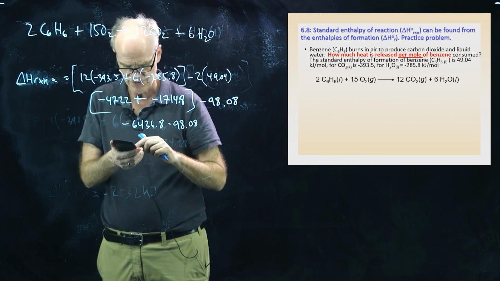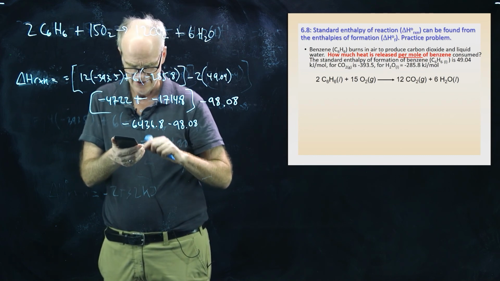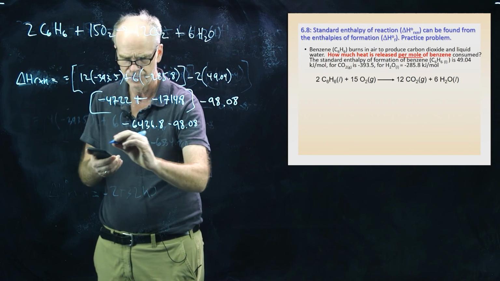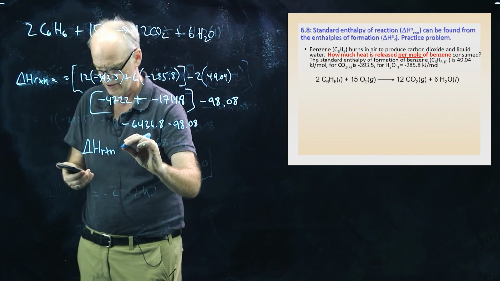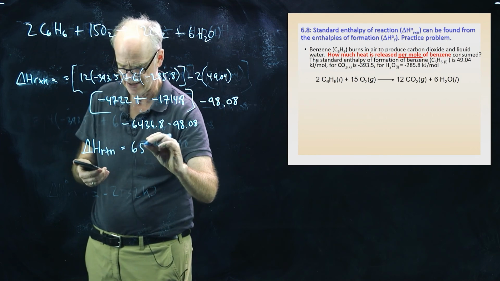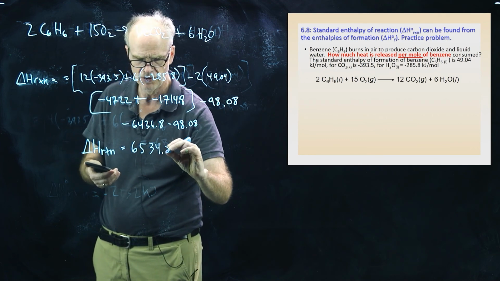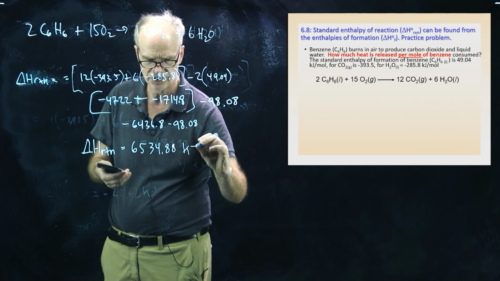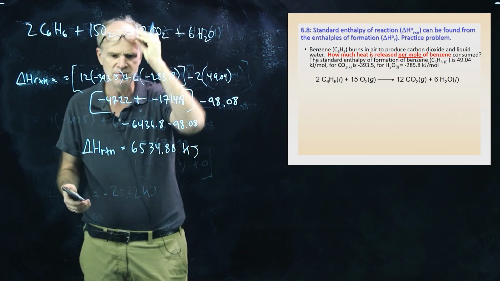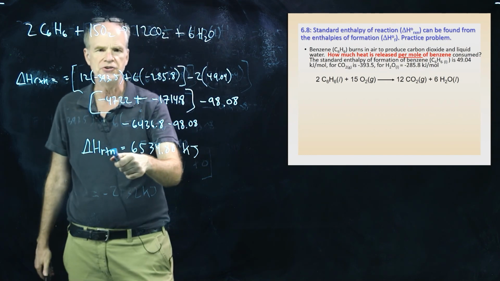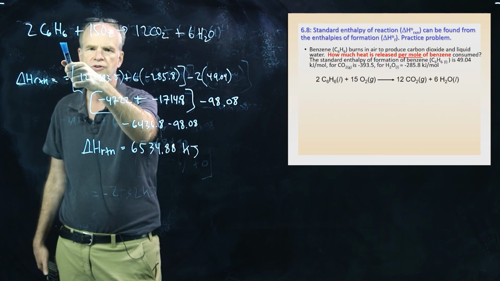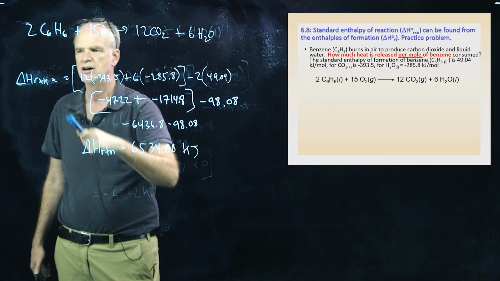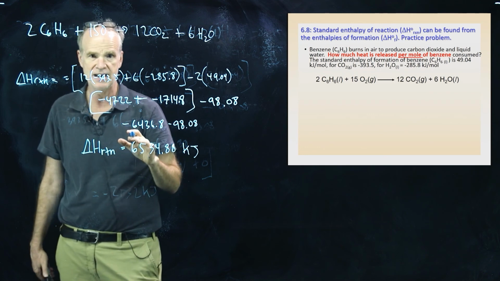So I get, as the standard enthalpy change of this reaction, negative 6534.88 kilojoules. Okay, we have to be careful here. This is the standard enthalpy change of the reaction for the combustion of 2 moles of benzene, but we don't really want that as the answer.